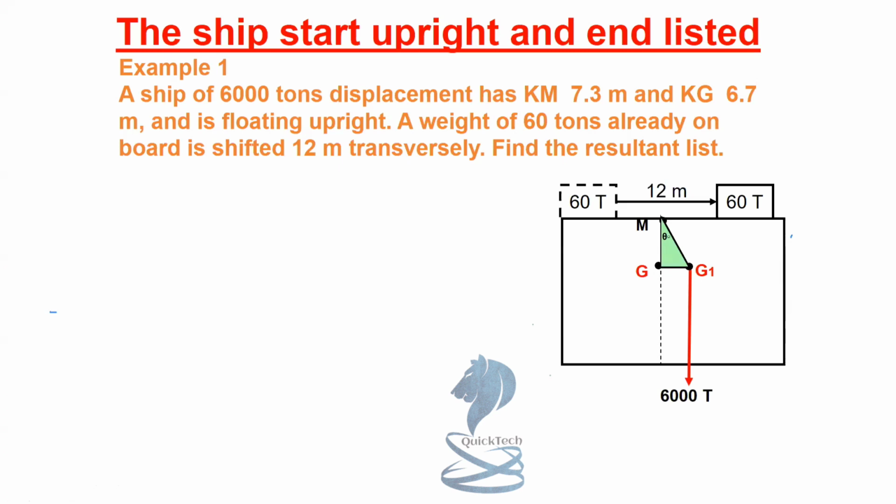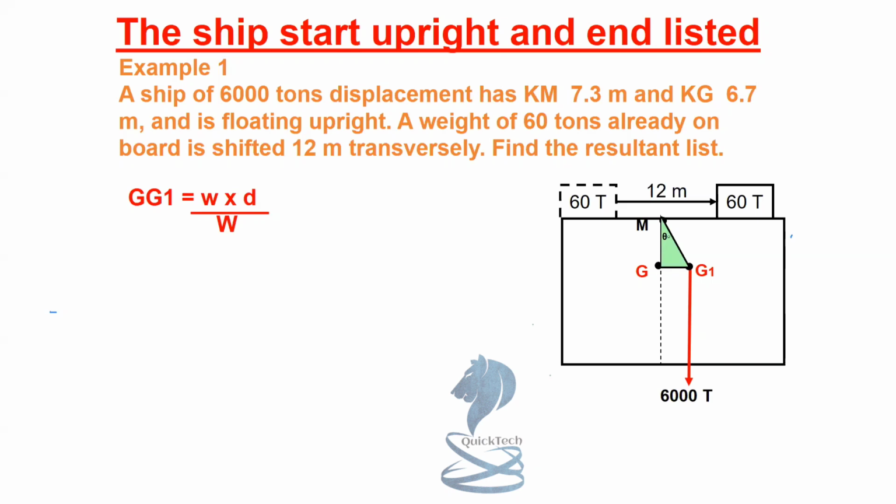Here, as in the diagram, we can see 60 tons is shifted over a distance of 12 meters, creating a list of theta degrees which needs to be calculated. Once a list is created, the center of gravity shifts to point G1, with displacement of 6,000 tons acting from G1.